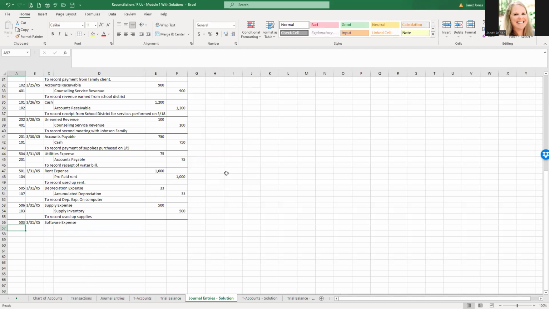And then we will have account number 105, which is that prepaid asset. So we have the prepaid subscription where we had recorded the 1-year subscription of that software. So to record used up subscription.